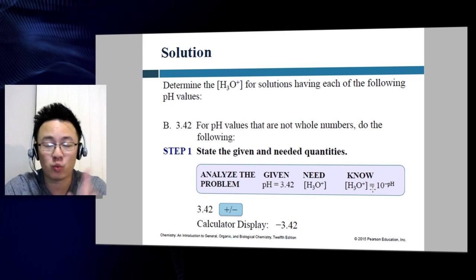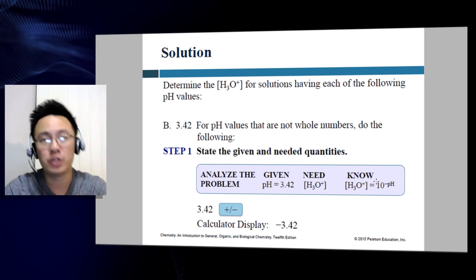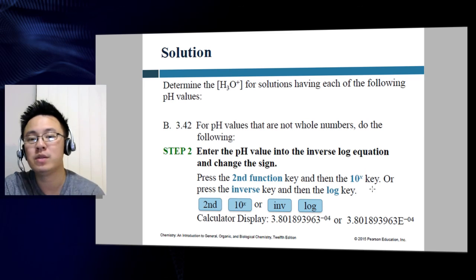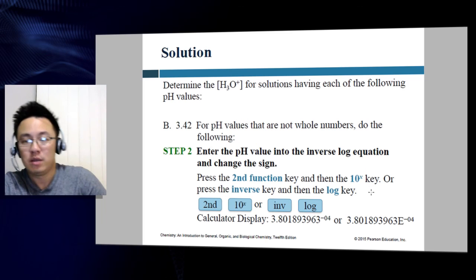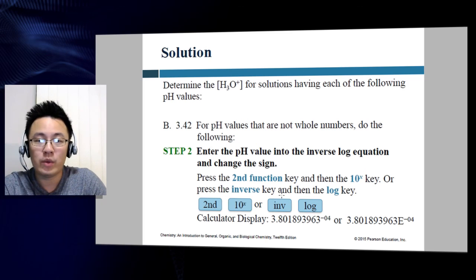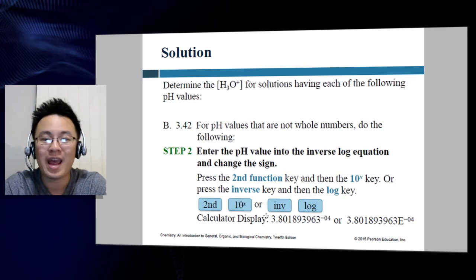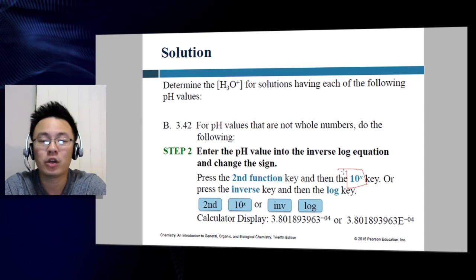Write down what you know, write down what you need, and then write down any equations that you need. We know that the hydrogen ion concentration is 10 to the negative pH. So we first type in negative 3.42, and then we use the 10 to the x key on the calculator to determine that.